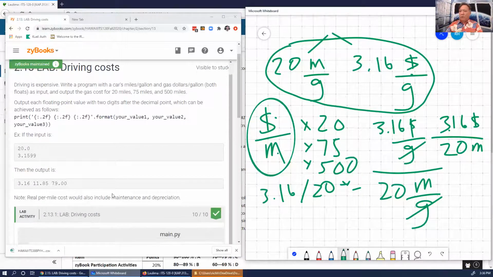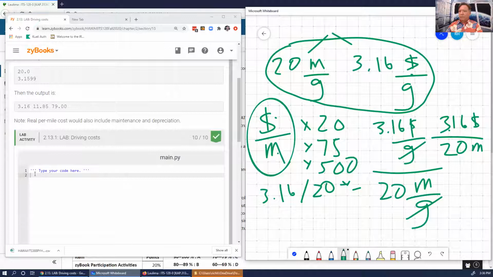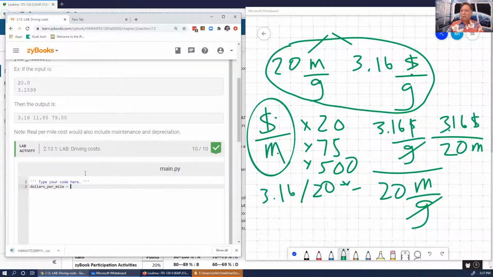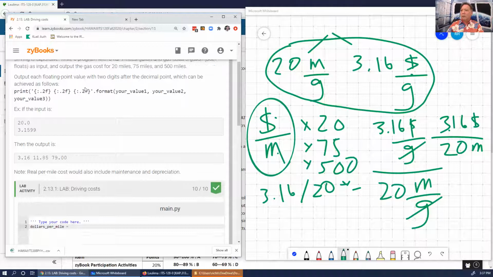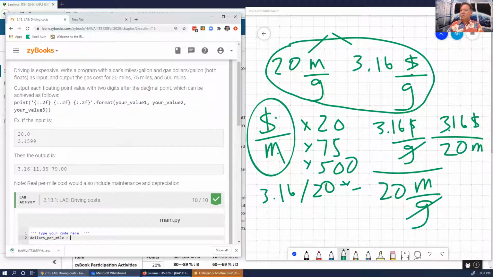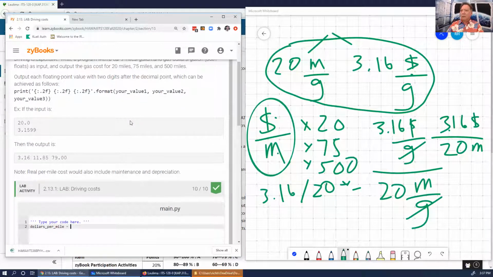So if we do, I'm going to do dollars per mile equals 3.16. Oh, no. What's this? Oh, we got to input these. I got to name these somehow.